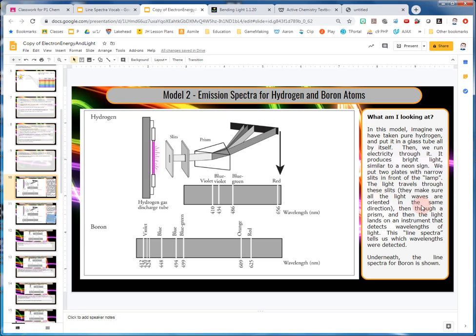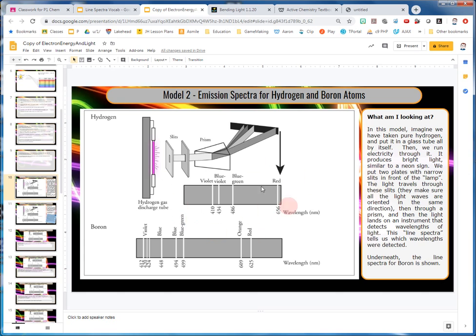So it goes through a prism, and then the light lands on an instrument that detects wavelengths of light. This line spectra tells us which wavelengths were detected. So this light hits this instrument over here, and this instrument kind of takes a picture of that. And here are the pictures down here.